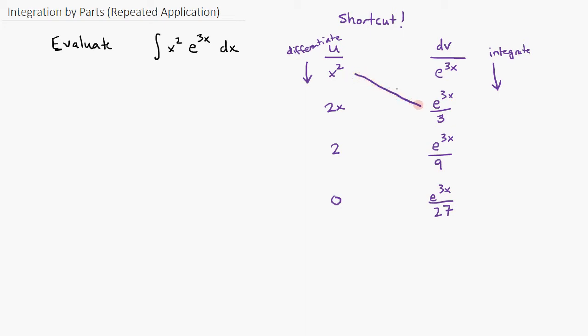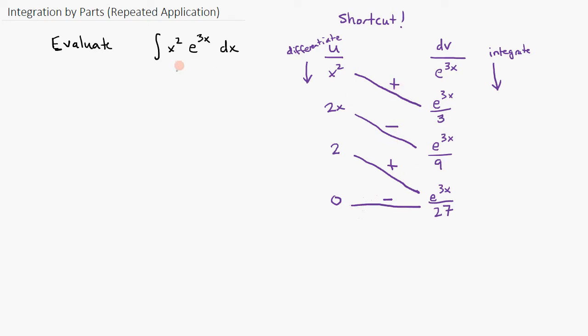So u times v would be this times this. The second u times v would be this times this, but then there's an extra minus sign. And then the next part would be this times this, it alternates to plus. And then finally, the last v du would be this times this, the minus sign.